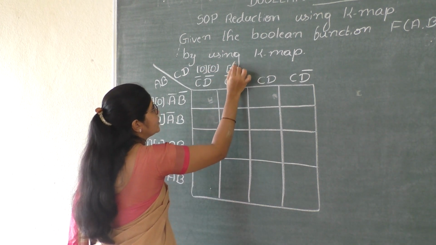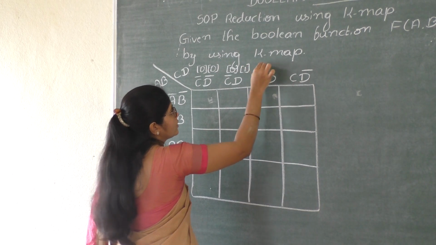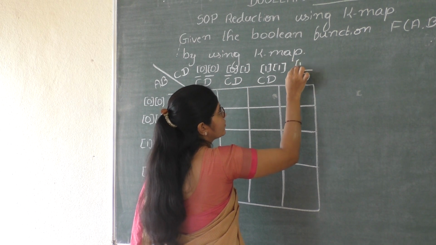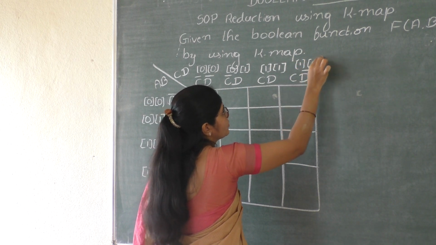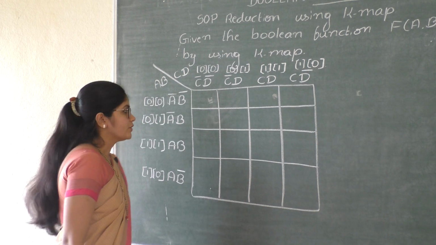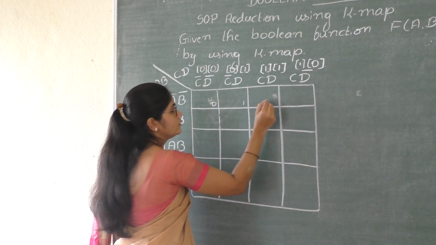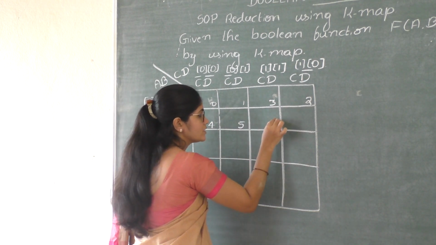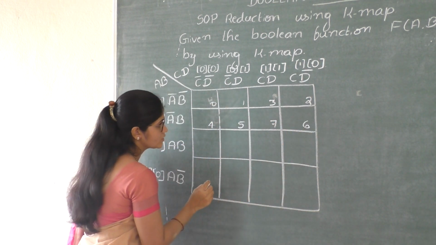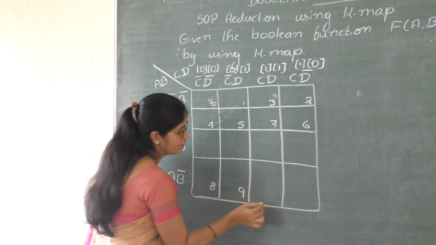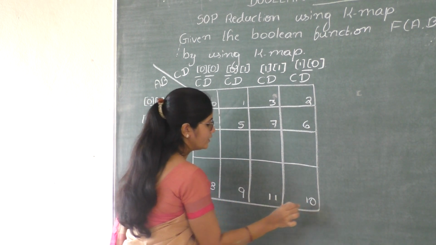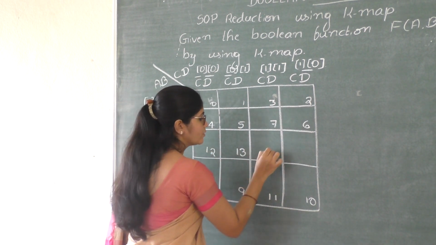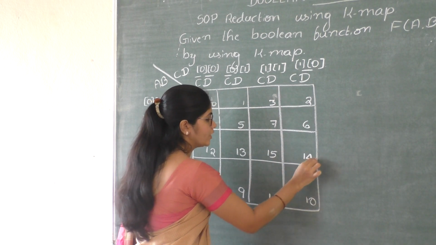C bar D 0 1, CD 1 1, CD bar 1 0. Numbers of the squares are 0 1 3 2, 4 5 7 6 in the second row, 8 9 11 10 in the third row, 12 13 15 and 14.